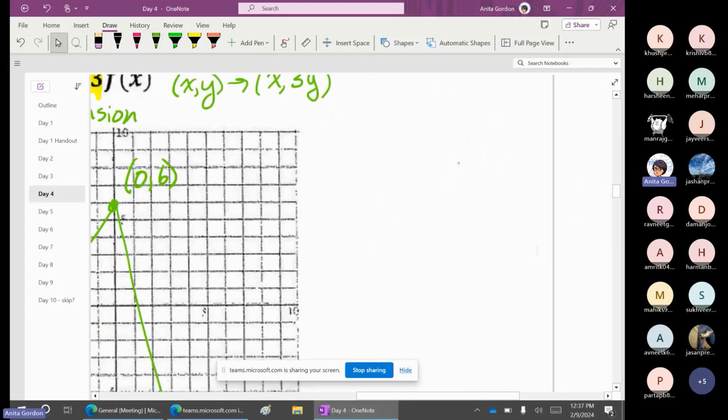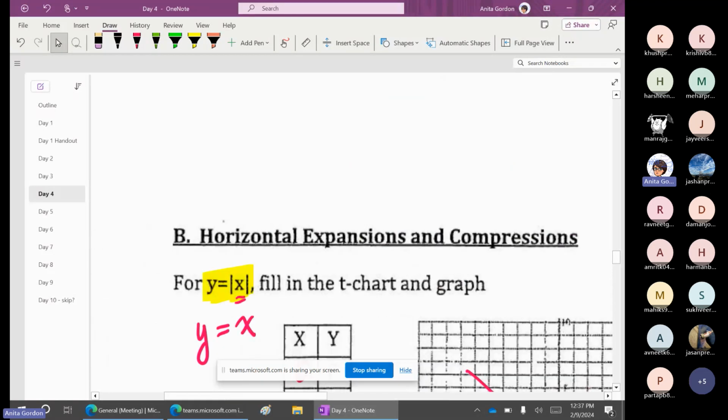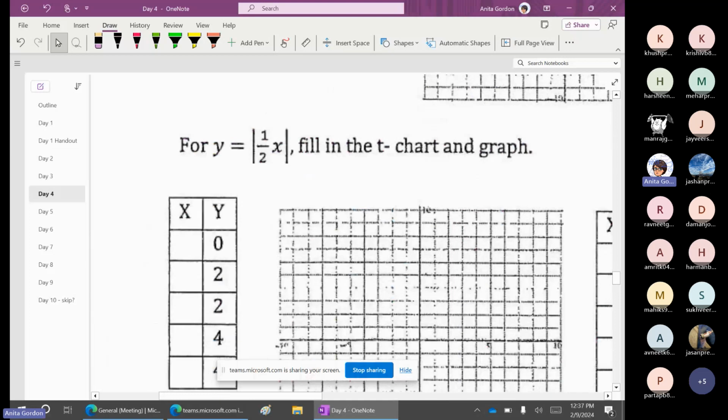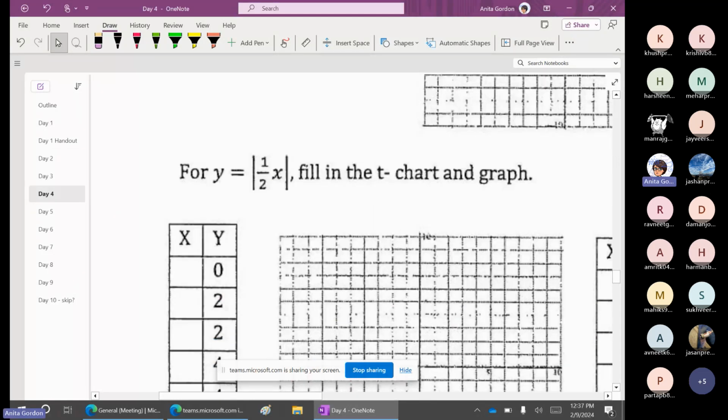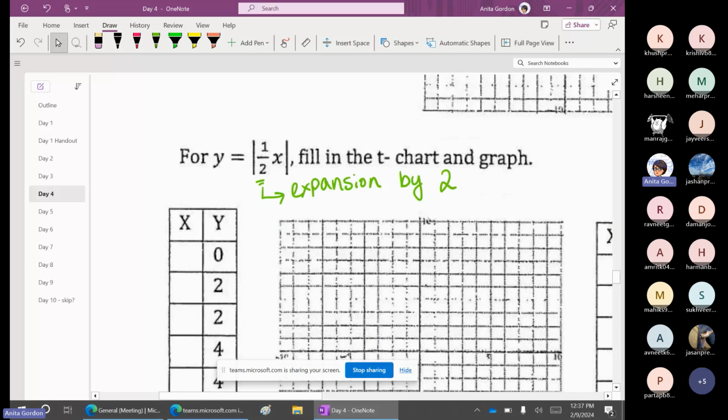Okay, so going down to our page here, don't get too dizzy. Here, y equals 1/2 x. This is telling me I'm going to have an expansion by 2. It is the reciprocal.